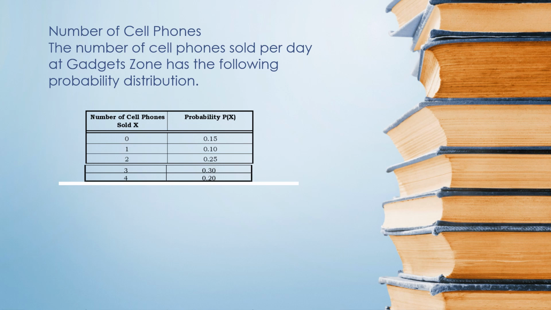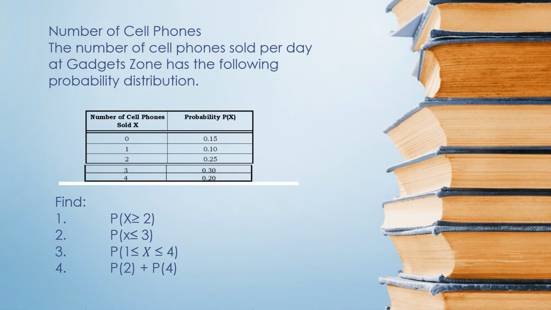The probability of 1 sold is 0.10. The probability of 2 is 0.25. The probability of 3 cell phones sold in a day is 0.30. The probability of 4 is 0.20.